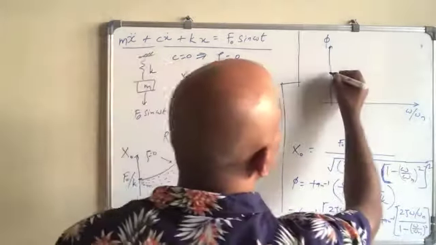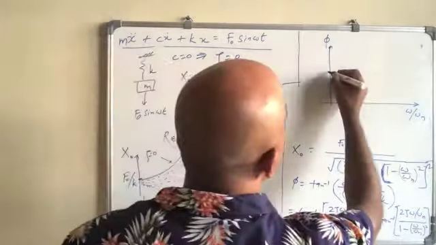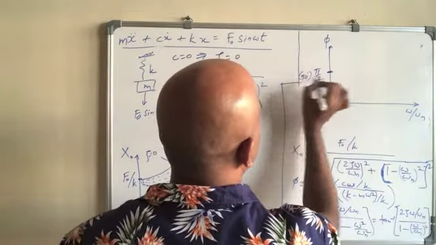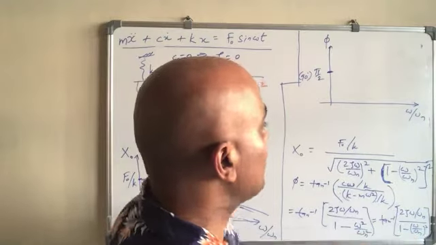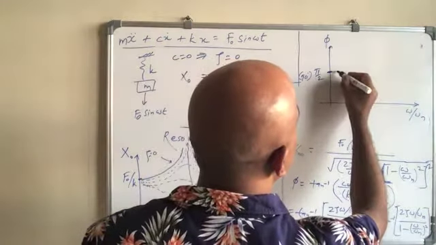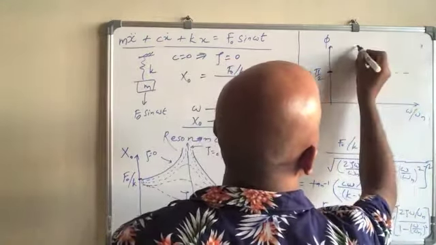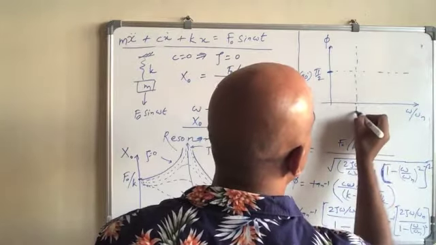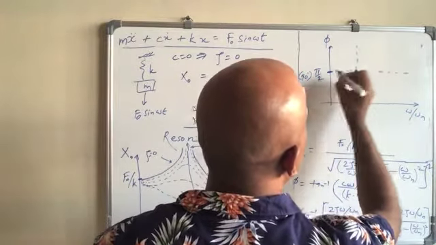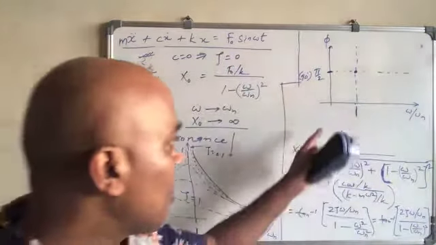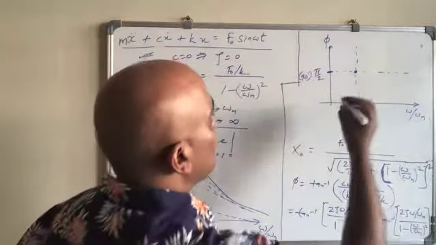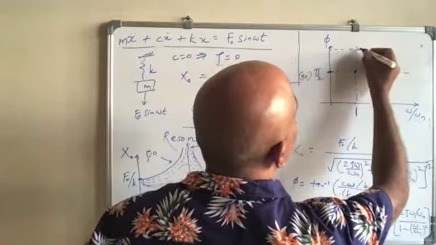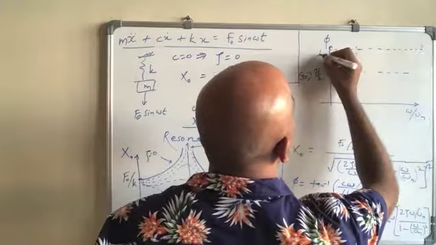So this is 90 degrees, pi over 2, when omega over omega n equals 1. All curves go and meet here, and the maximum value is from 0 to 180 degrees only, so up to pi.